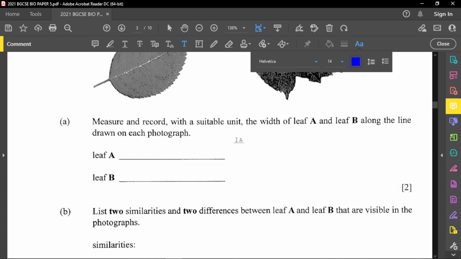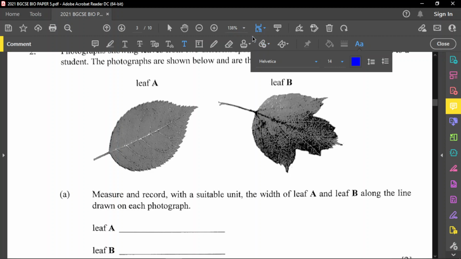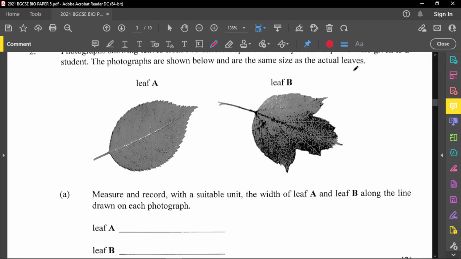All right, measure and record with a suitable unit the width of leaf A and leaf B along the line drawn on each photograph. Now, unfortunately, there's no line drawn on the photograph. I don't see a line on the photograph, unless my image is a little bit off. But anyhow, this is a scan, so you're not going to see it as bright. But I'm going to put a line across here.